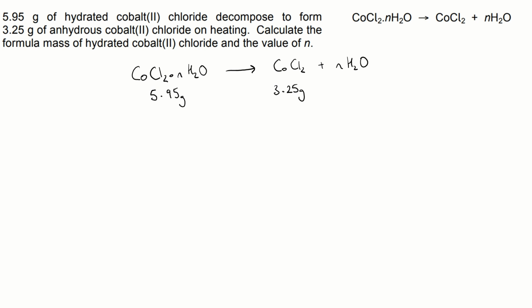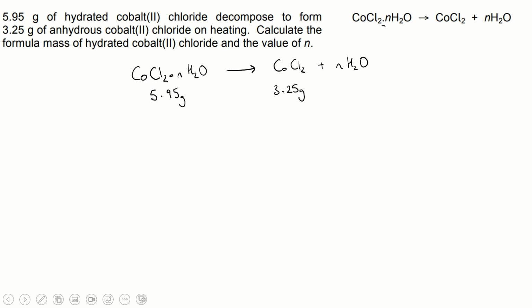Now, hydrated means it's got water attached to it, and that dot nH2O just means that you've got waters attached to it. Now, the mass of water. We can work out the mass of water because of conservation of mass. So conservation of mass says mass cannot be created or destroyed.